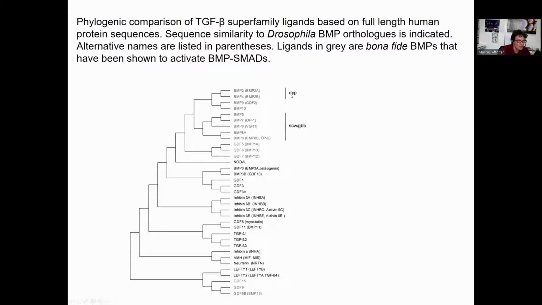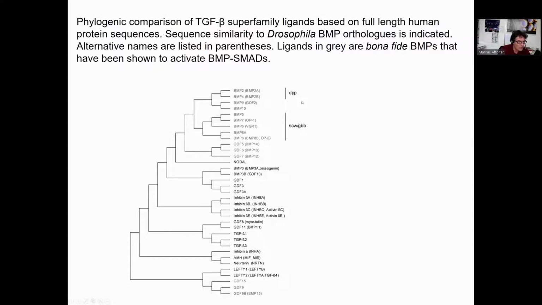If you synthesize DPP, which we did many years ago, make the protein and the dimer and purify it, you can make bone in human cells, because that's what BMP2 does. So these are interchangeable. Quite surprising, meaning that they have the same receptors as well. The Drosophila protein recognizes the human receptor, and the human ligand recognizes the Drosophila receptors.